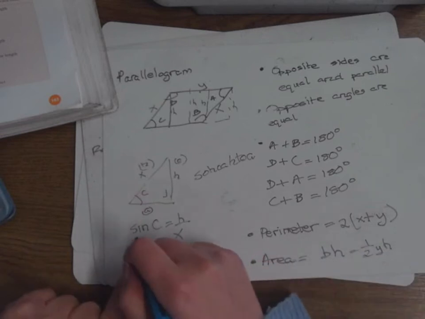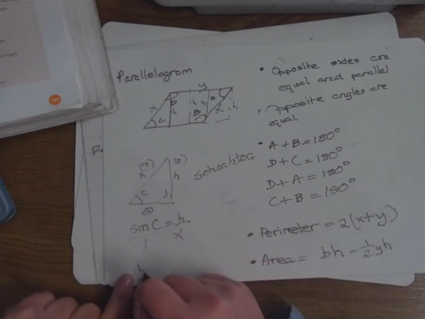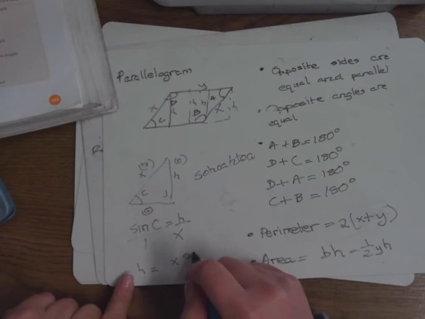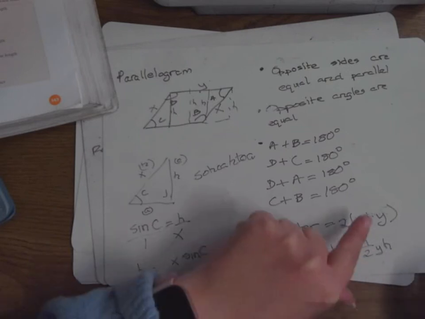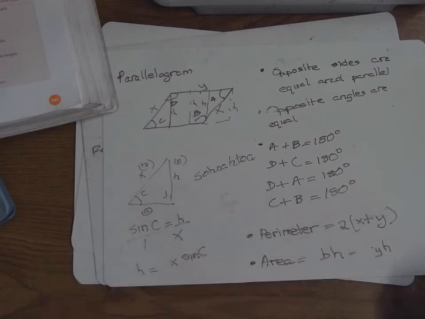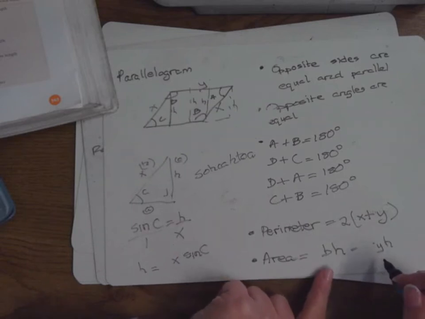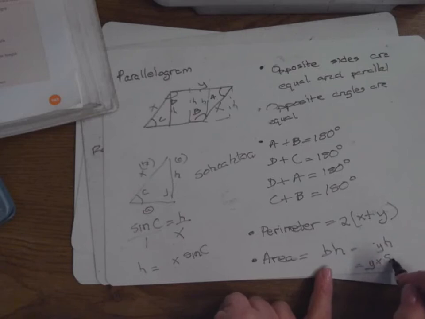So if I cross multiply there, h is equal to x sine c. Isn't that right? So you know the way over here I had, why did I put a half in there? Shouldn't be a half. It's yx. So instead of h, I can say that's x sine c.